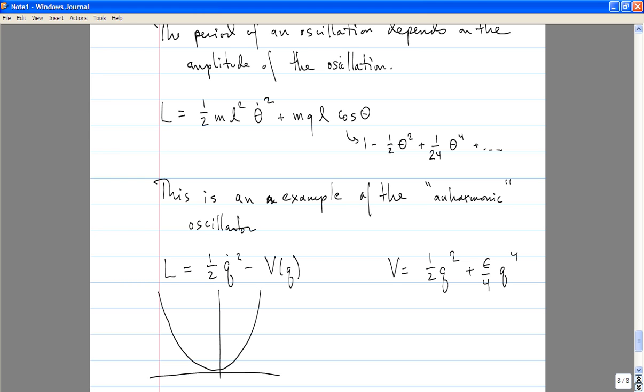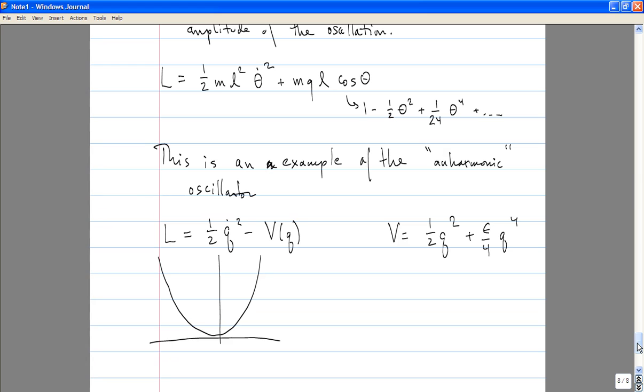And let's try and compute the amount of time it takes for the anharmonic oscillator to go through one period of oscillation. So that's the amount of time that it would take to go from, if I start at some initial value of q, say q max, and then the pendulum will swing down, go back up to another value over here, where q is minus q max, before turning around and going back up to the turning point at q equals q max.